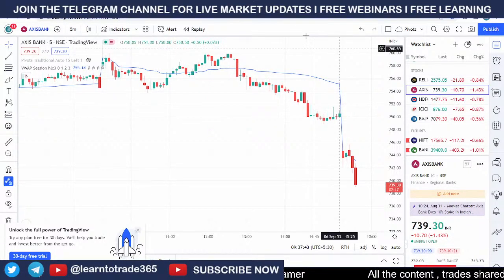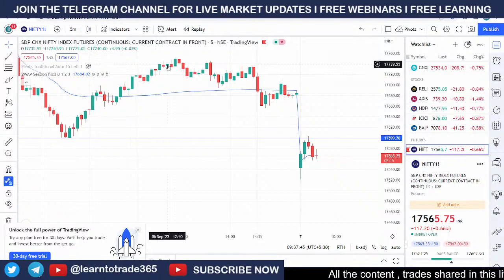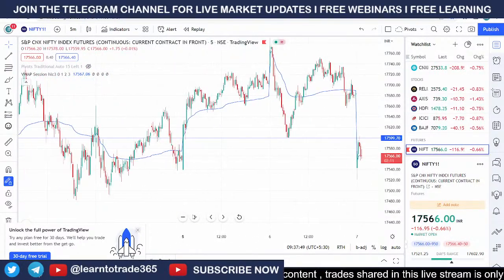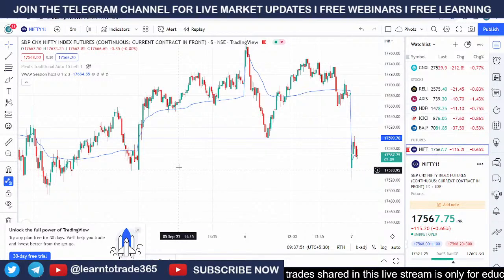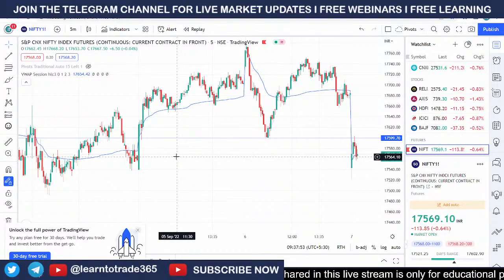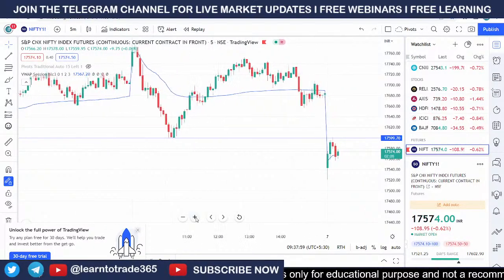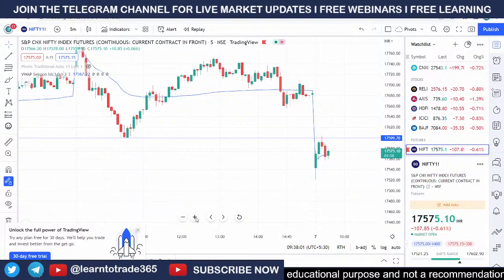One question is whether Nifty is getting a rejection from the previous day's low. Price is still not clearly closing below VWAP. It is trying to take a rejection, and that's one approach, but whether price clearly closes below VWAP is the question mark.